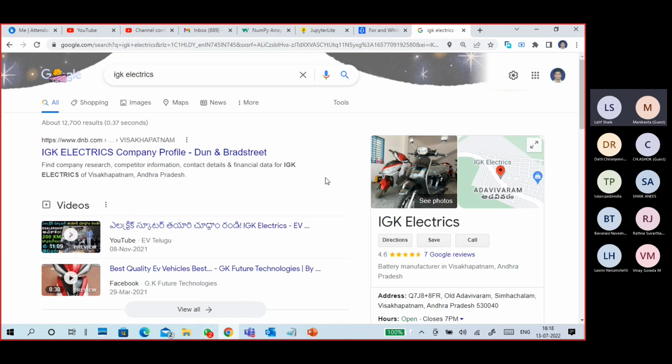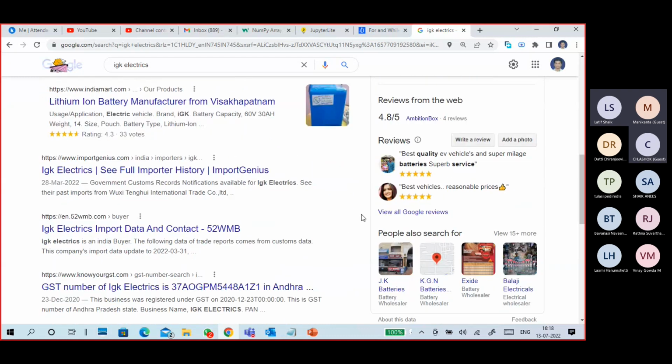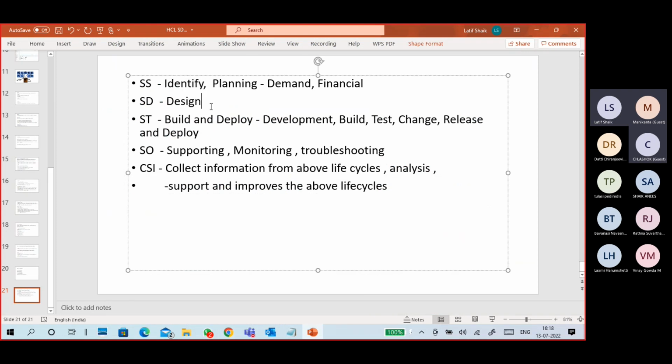These people usually manufacture batteries, not electric bikes. But when electric bikes came into the market with demand, they also started the business of manufacturing electric bikes. Even Franklin EV is also a battery manufacturer. So this is what I am trying to say. Planning covers how to meet the demand in the market and the financial budget.